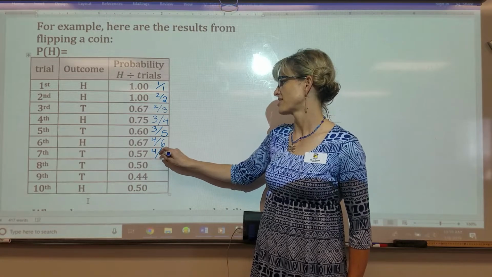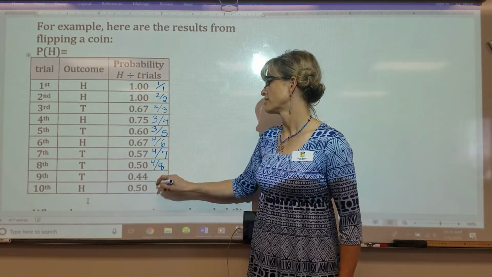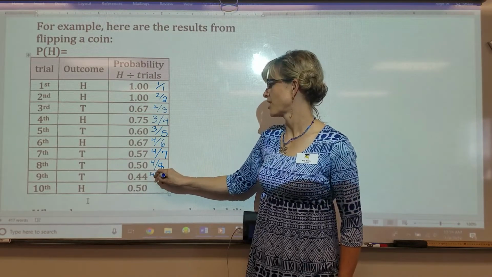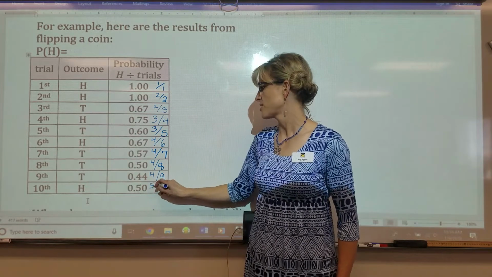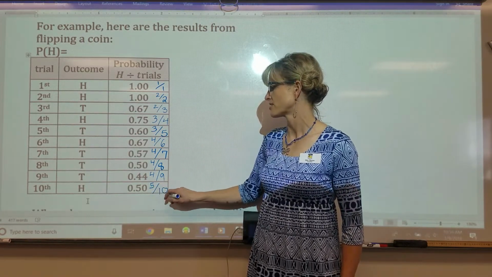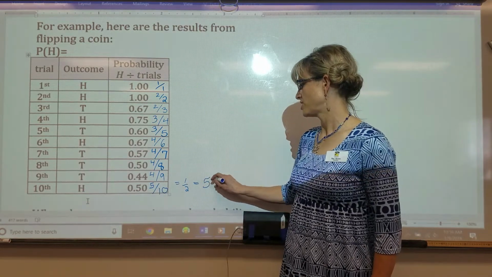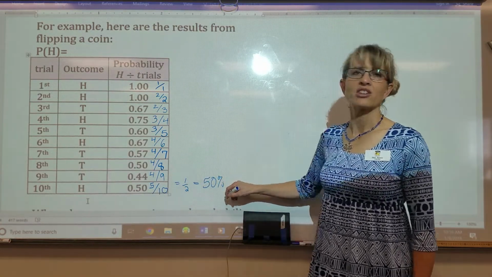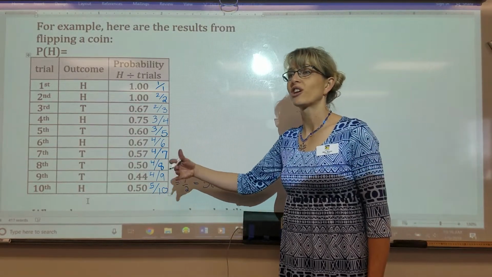Still only four successes out of seven trials. Lost again, 4 out of 8 trials. Lost again, 4 out of 9 trials. And then on our 10th one, we finally get a fifth success out of 10 trials, which reduces to 1/2, which we know is 50%. That matches the mathematical theory because we conducted more than a couple of trials.